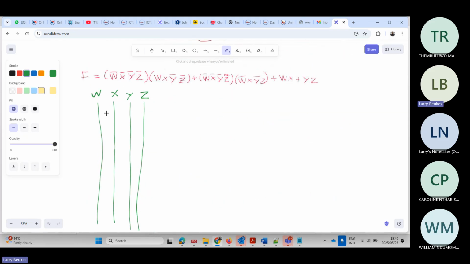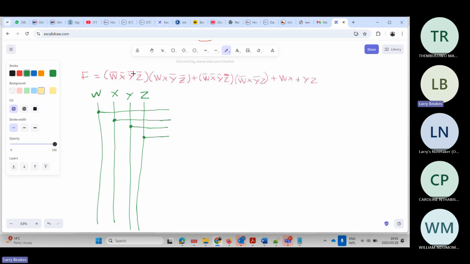So this is the same here. So now to build this gate, now we conduct, right? W, X, Y, Z.